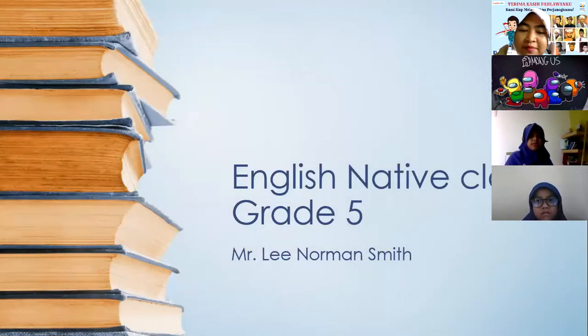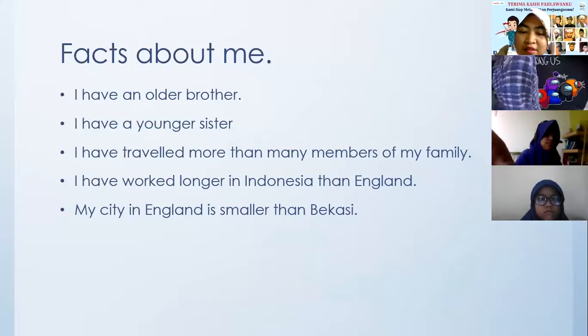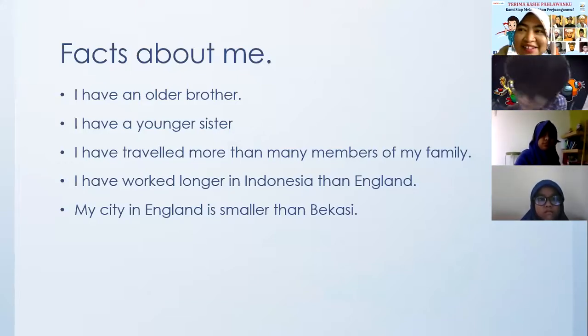These are some stories about me. I have an older brother. For me, I am 43 years old. But my brother, he is 45 years old. So he is older.